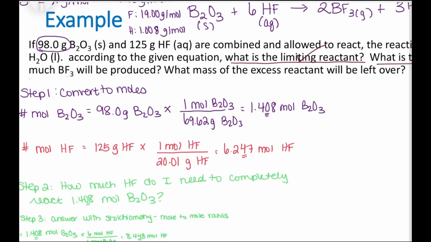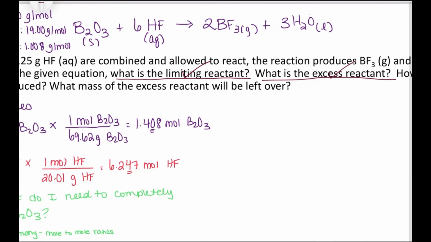So, how much BF3 will be produced? We know that the HF is going to limit how much BF3 is produced. We also know from our balanced equation that 2 moles of BF3 are produced for every 6 moles of HF that are consumed. So step 6, use your limiting reactant to answer questions.